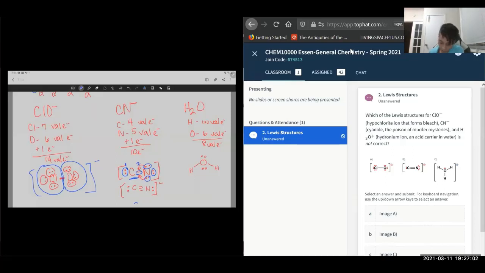So we have to borrow 2 pairs of electrons from the nitrogen so that now carbon has an octet. And how do we know that it has an octet? Because it's sharing those 3 pairs of electrons, and the nitrogen is sharing those 3 pairs of electrons.